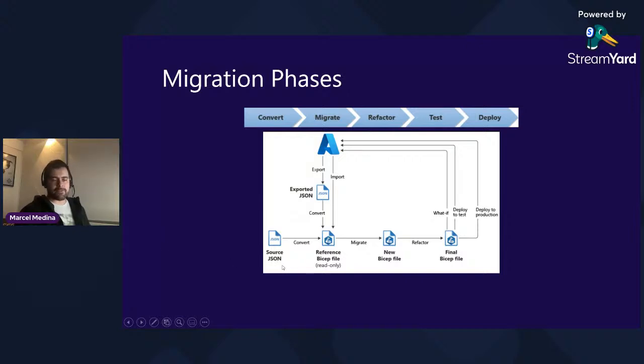It could be from Azure, you extract a JSON, and then you're gonna use it as your start point, where you're gonna convert, you're gonna get the Bicep file, read only, because it's used for references, rather than using this converted file, you're gonna take it as a baseline for what comes next. But you're not gonna use that. You're gonna create a new one, and then you're gonna start migrating the resource onto this new Bicep file.